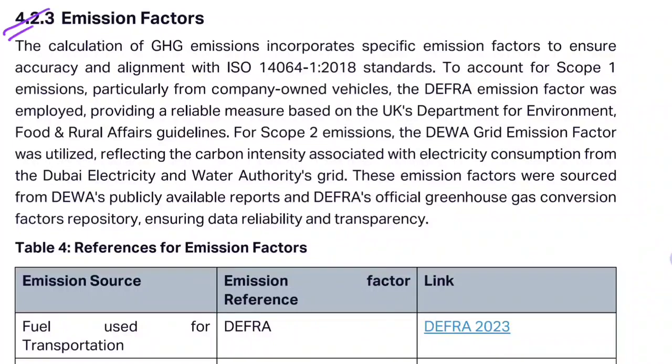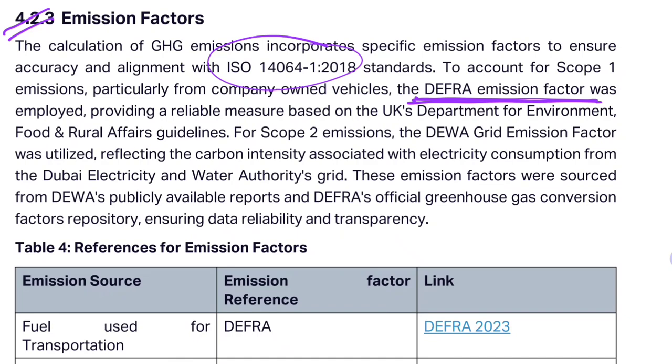Then, very important, emission factors. The calculation of GHG emissions incorporates the use of specific emission factors to ensure accuracy and alignment with the ISO 14064 standards. To account for emissions, particularly from company-owned vehicles, DEFRA emission factors were employed.